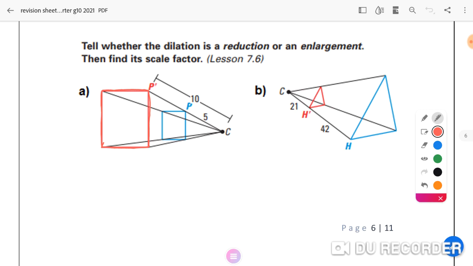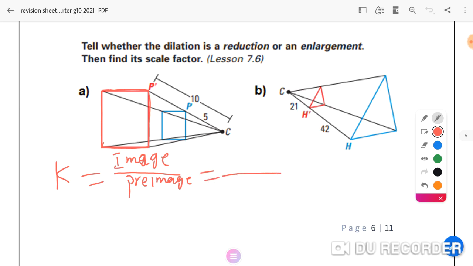In order to find out the scale factor, you need to apply this relationship. Scale factor, which is K, equals image length over pre-image length. And pre-image is simply the original shape.